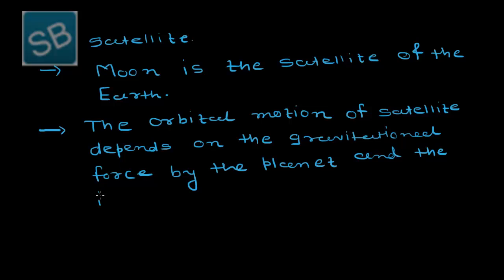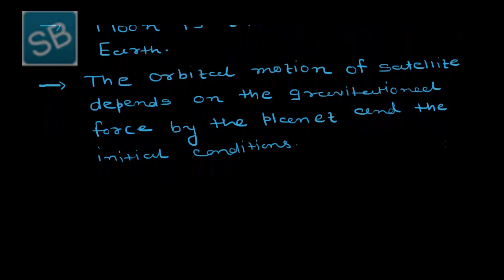So what are the initial conditions? As in the escape speed, what we have seen, the initial velocity or initial speed or the direction of the throwing of an object. So these are considered as initial conditions.